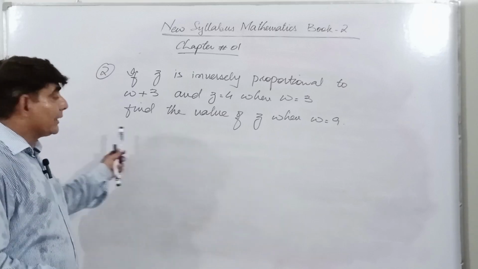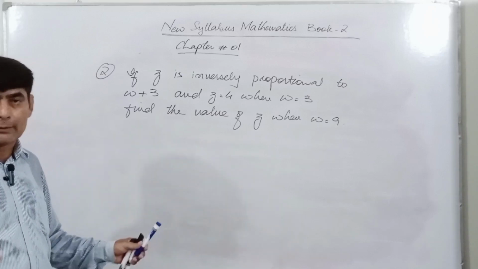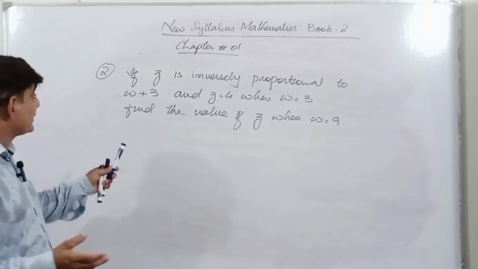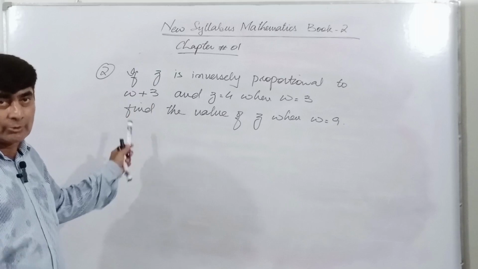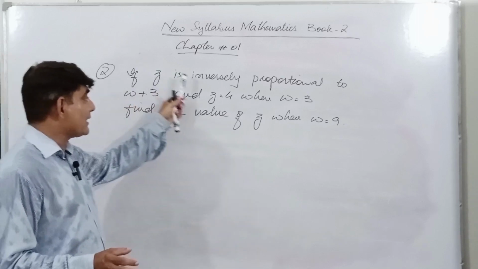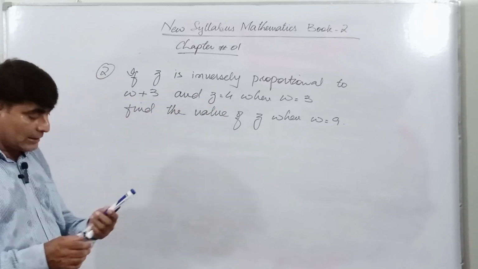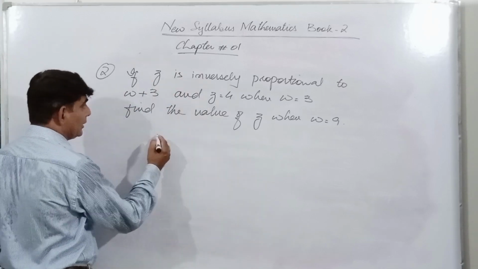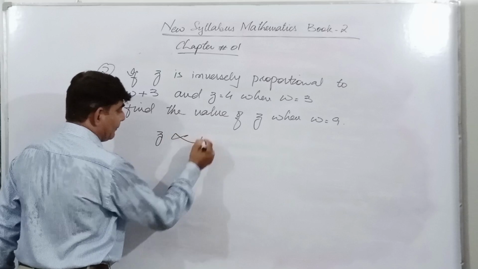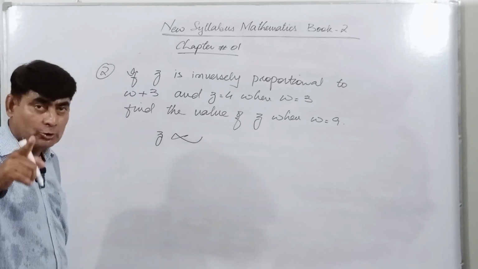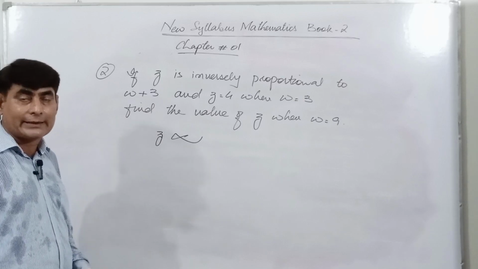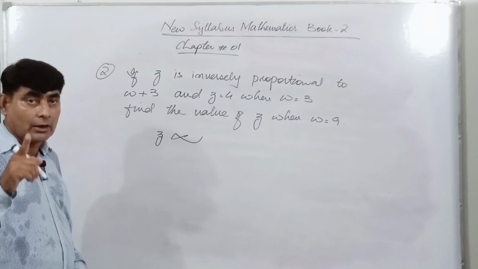There is no requirement for a relation or an equation connecting z and w. Just z is inversely proportional to w plus 3. So it means we have to write what? According to the question, z inversely proportional. Inversely means we have to place the second physical quantity in the denominator.